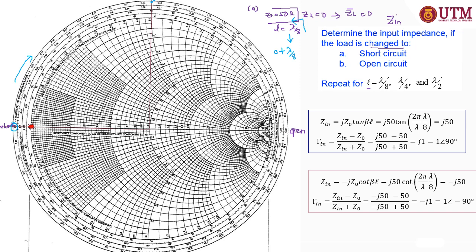So the circle where the load lies on is around there. So it's crossing at this point. So there will be your Z in. Okay, so this is your Z in for L equal to lambda over 8.